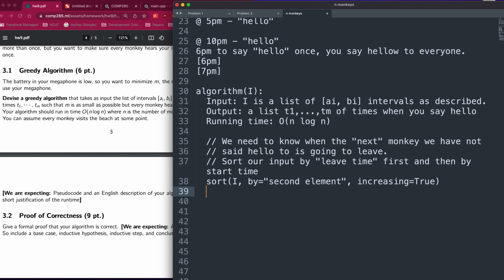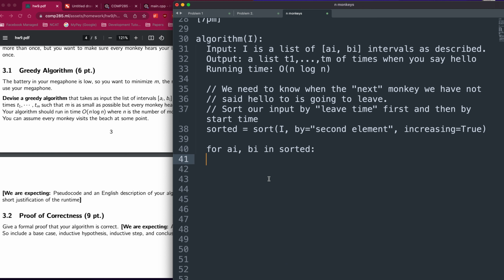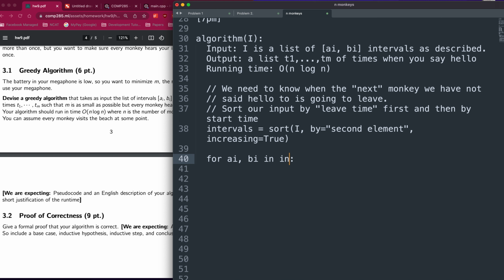Okay, so that's sorted. And then we say for ai, bi in sorted, so we are iterating over the list that we just sorted. Let's call it intervals.